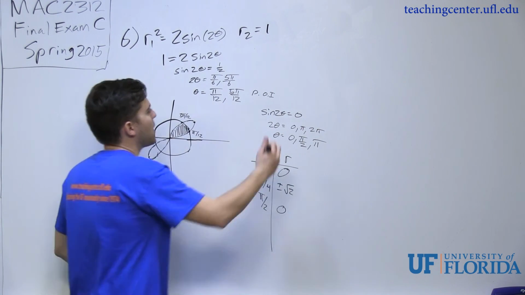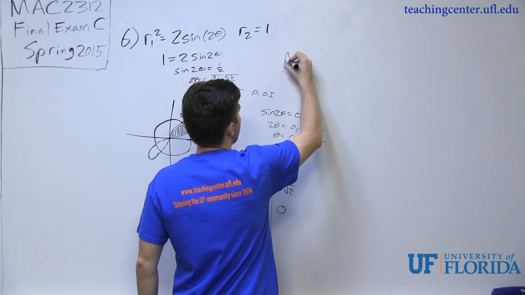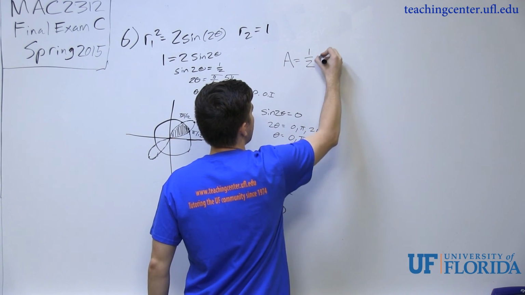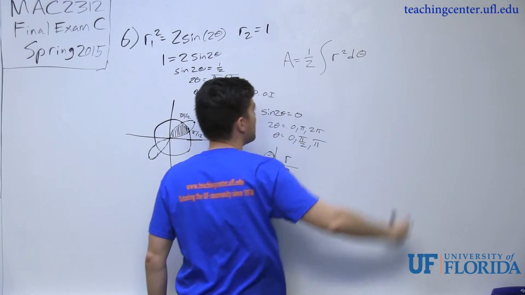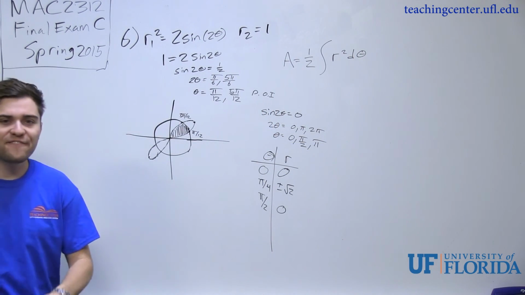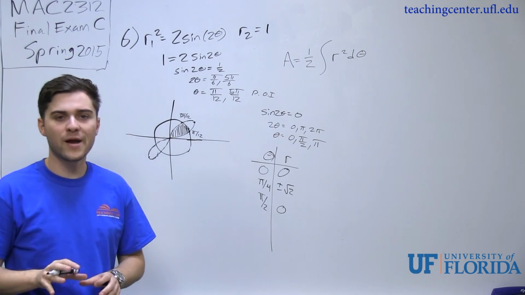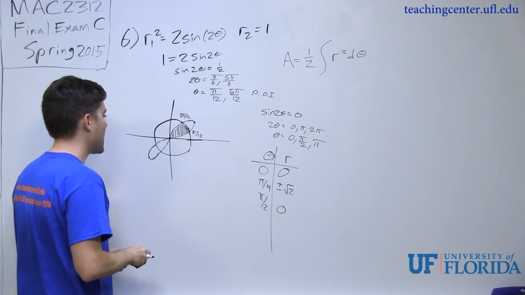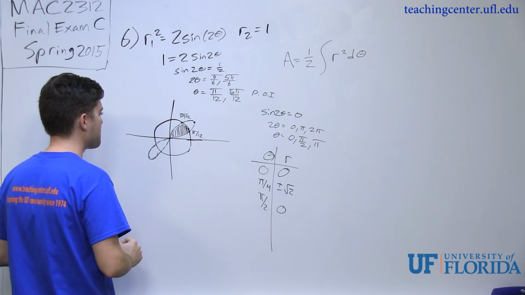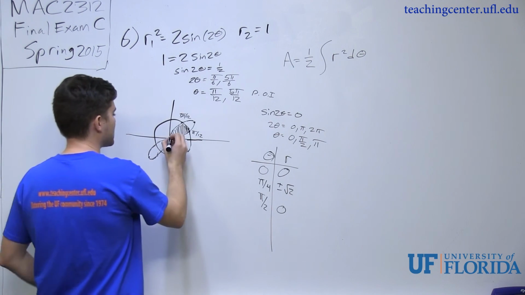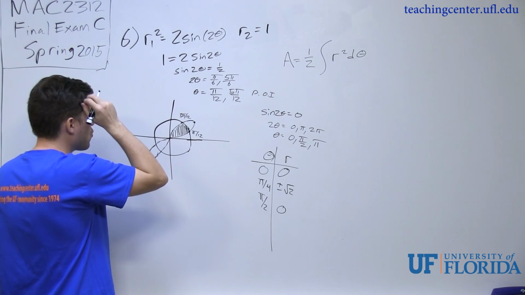I do know that my overall equation for area is going to be 1/2 integral r squared d theta. So I just need to figure out how I'm going to define my radius in this case. Now I need to be careful, because if I do want to find the total area, I need to look at this carefully.